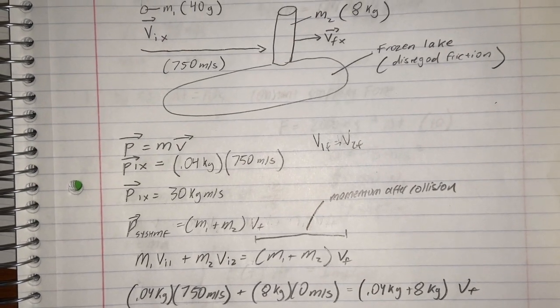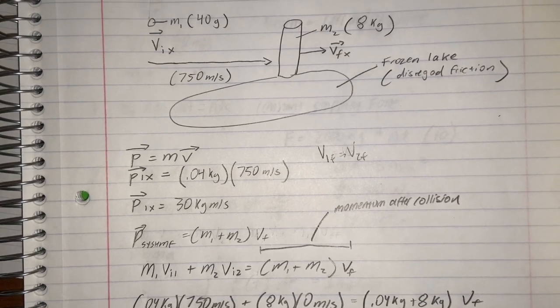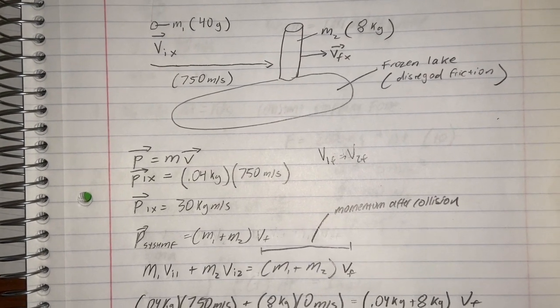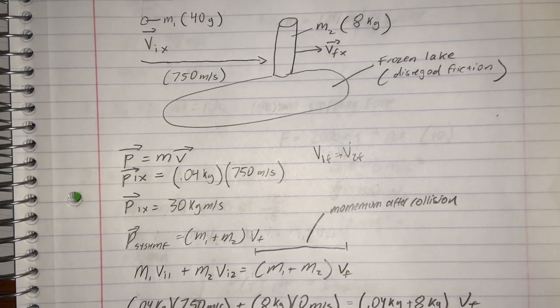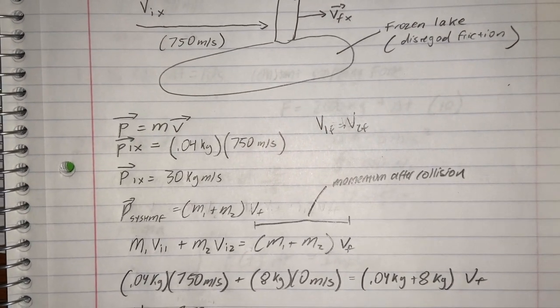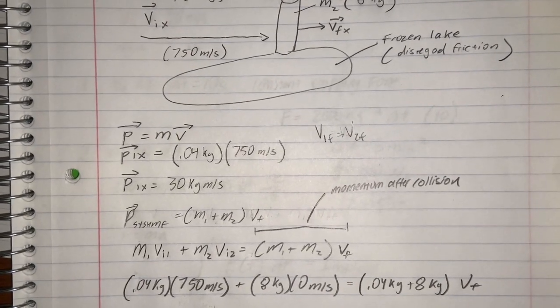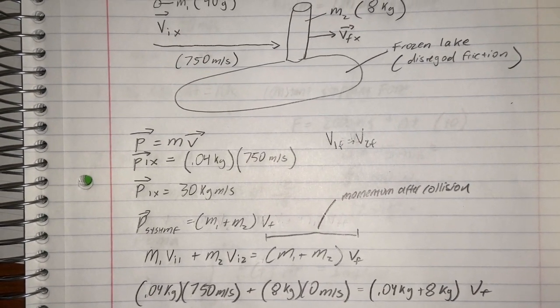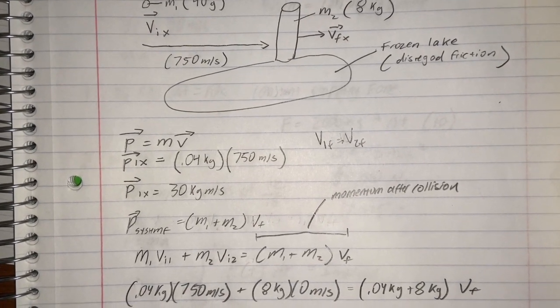So the momentum of the bullet initially would be just that calculation, which is 30 kilogram meters per second. But on the right side, we can simplify it and combine some terms, because we know that the final velocities of both masses are the same.